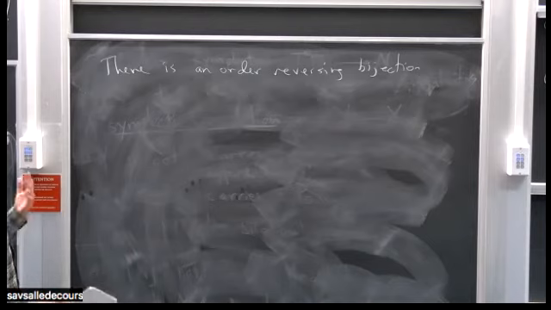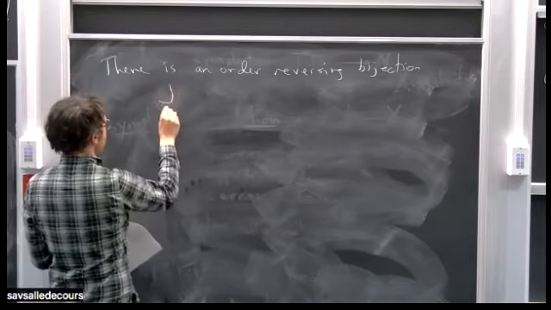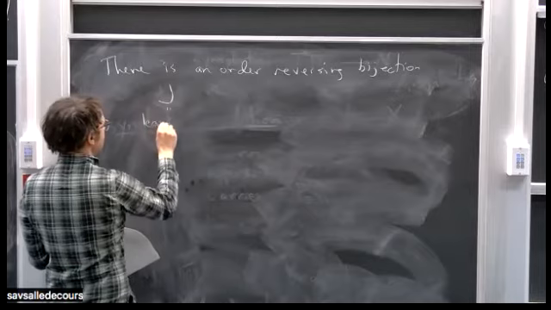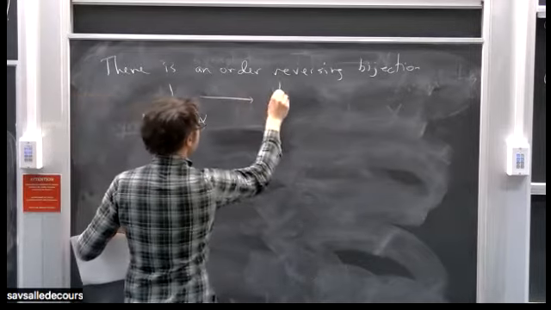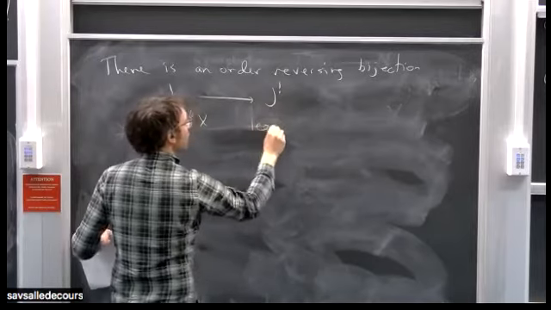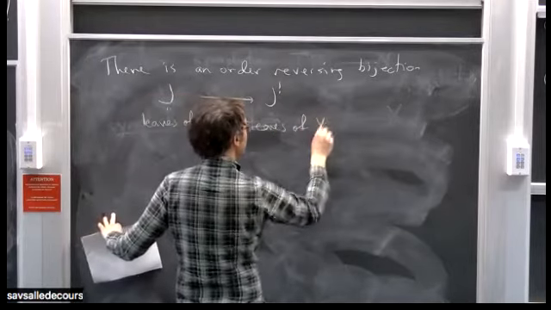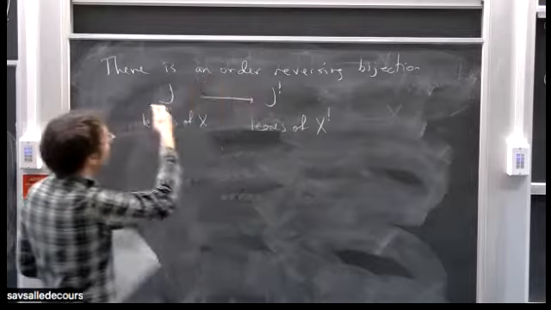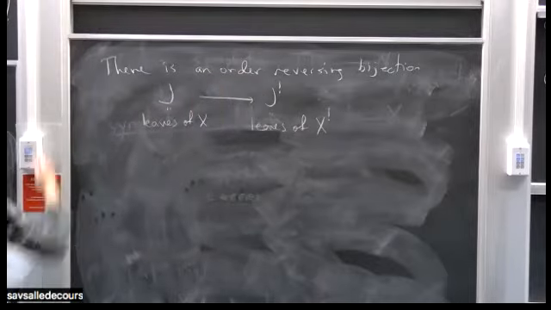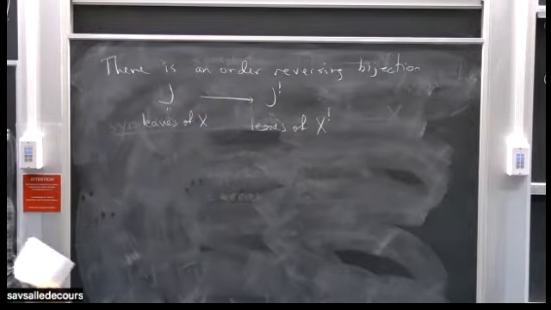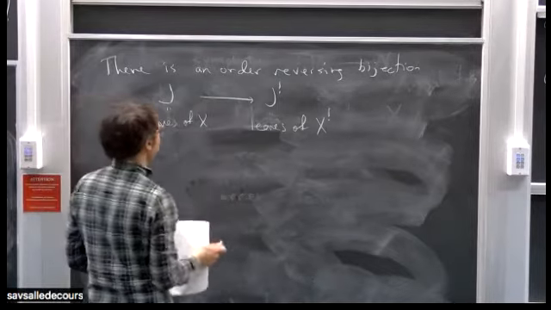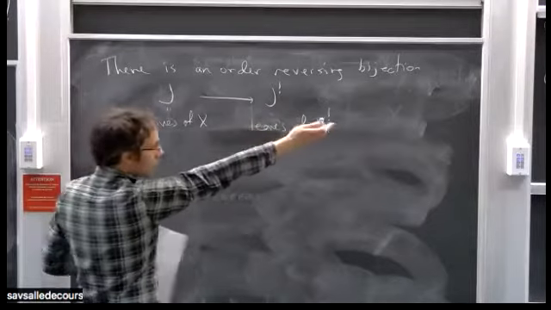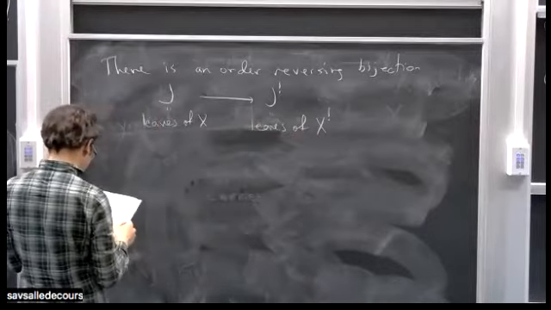Okay, so there's an order reversing bijection between J, which was the symplectic leaves of X, and J shriek, which was the leaves of X shriek. So the two guys are called X and X shriek, where Y goes to X and Y shriek goes to X shriek. The order comes from just the closure relation of strata.